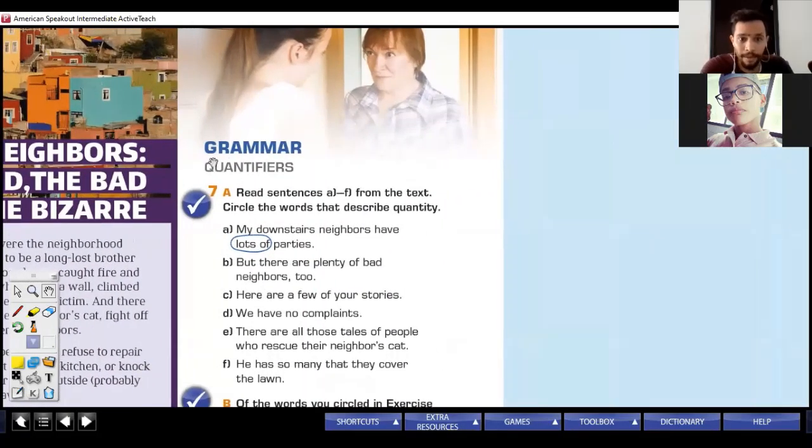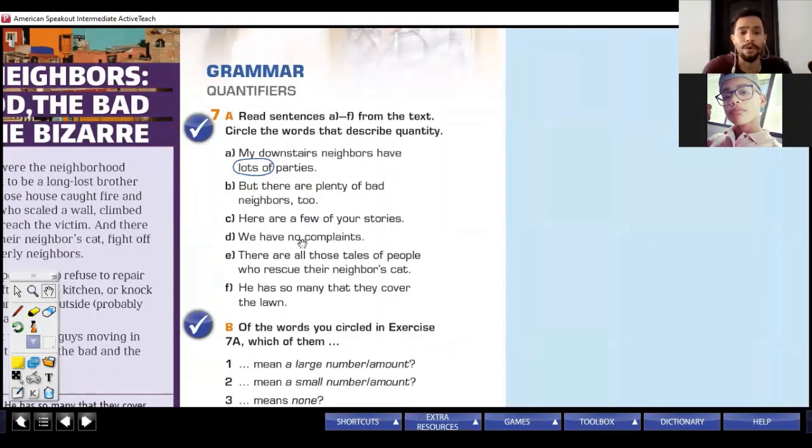Also, we spoke about quantifiers. Now, quantifiers, as I explained, are words that describe quantity. Also, I told you that they were words like lots of, a lot of, plenty of, a few of, no, all, many, much, some, any, and so on and so forth.